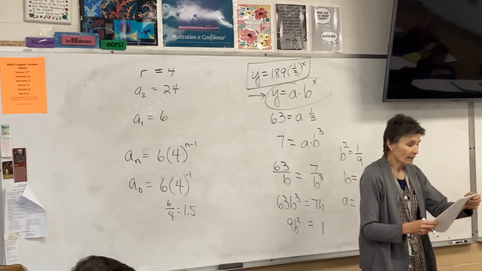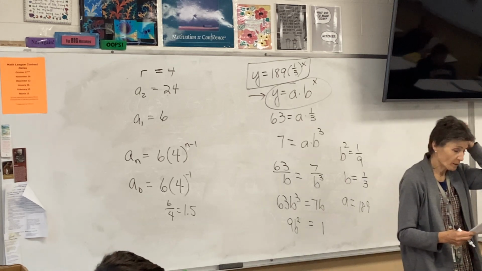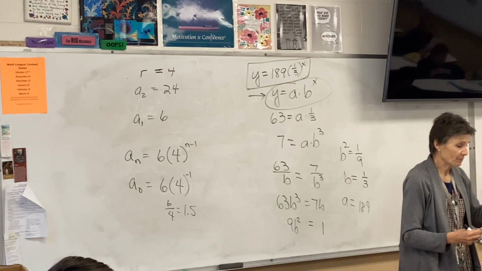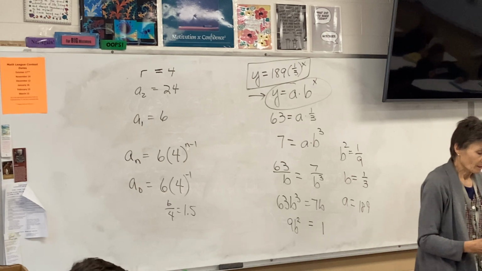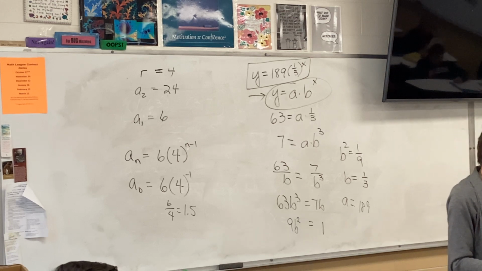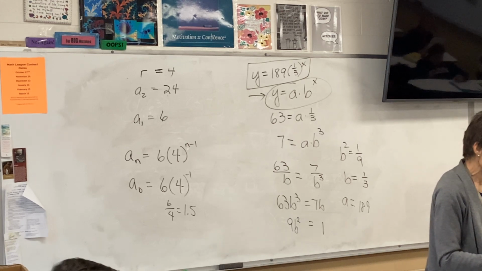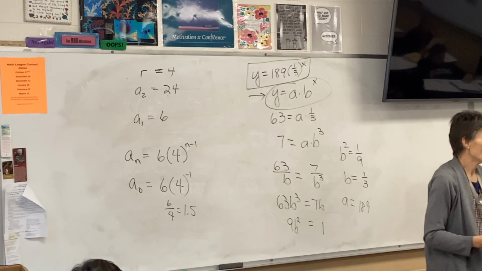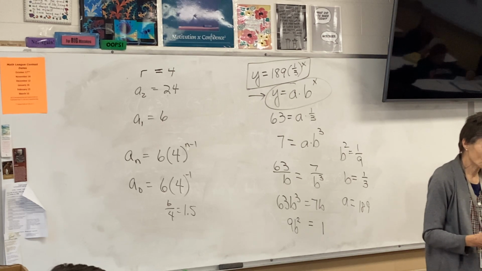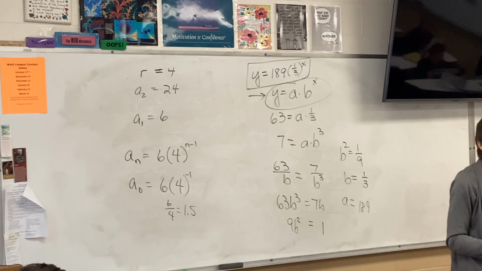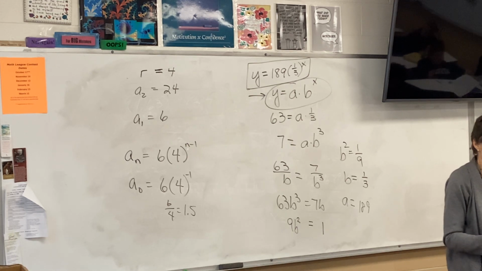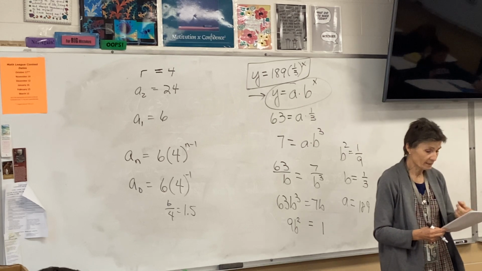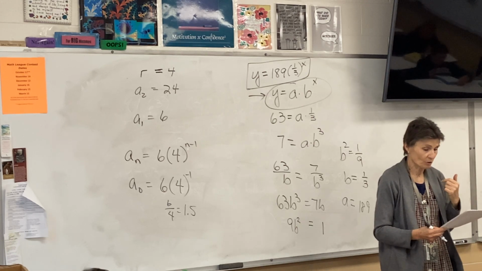All right, let's quickly look at the next page. We're not gonna have time to get very far in here, but at the very top, Mr. Passwater has spent way more time with all these tests than I have, for sure. And he says that on the SAT, ACT, and certainly in AP, the main types of functions that show up over and over and over again are linear, quadratic, and exponentials.